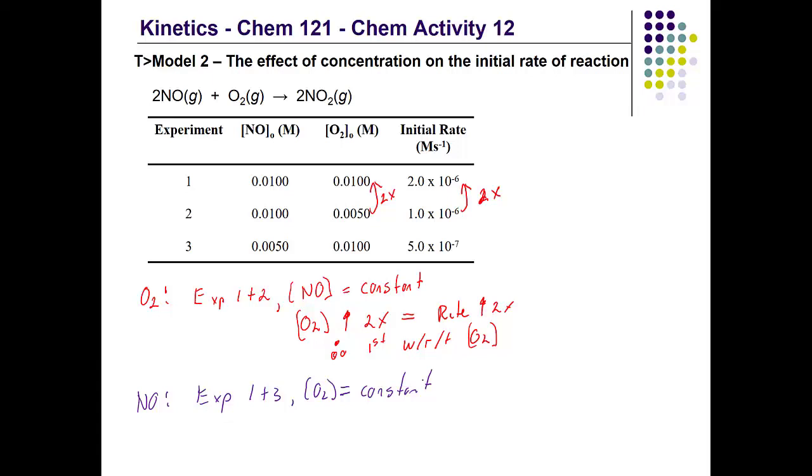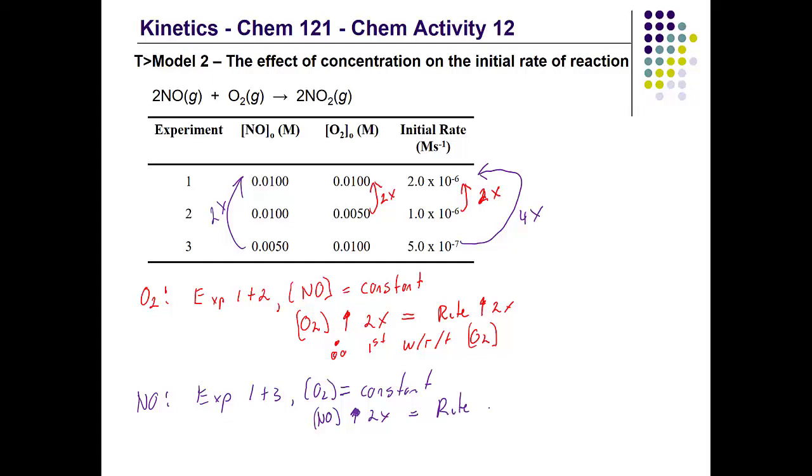Next, we inspect: what happens to the nitrogen monoxide's concentration? Clearly, its concentration will double. So we write here, nitrogen monoxide's concentration has gone up by a factor of 2. And then we inspect what happens to the rate. In going from experiment 3 to experiment 1, the rate changes by a factor of 4.